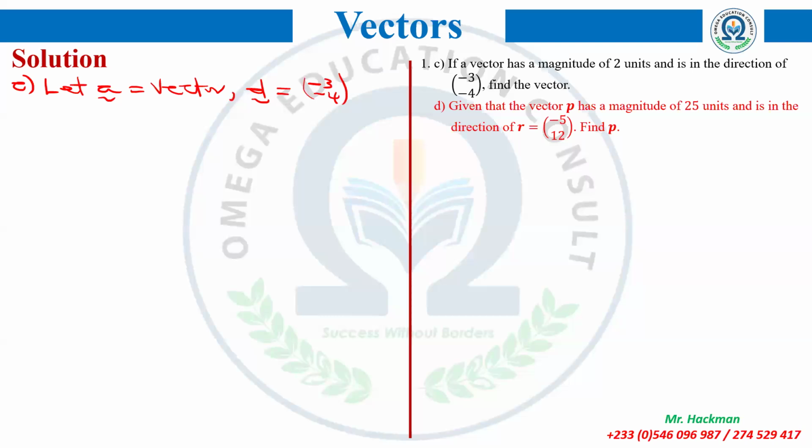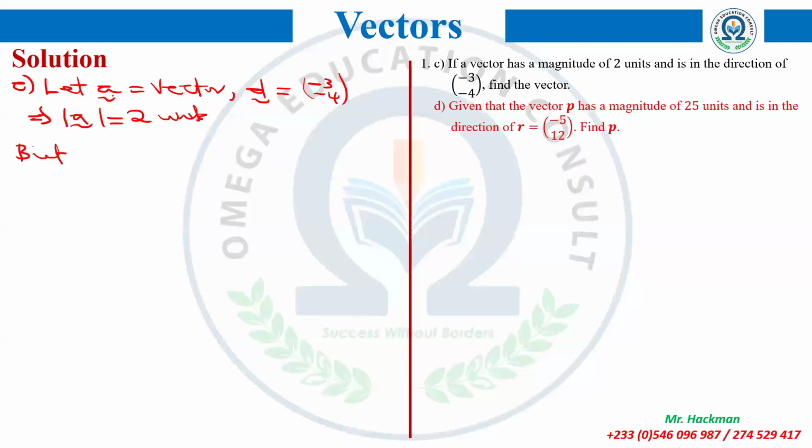Yes, please. Okay, so this implies that the magnitude of A will be equal to 2 units. So I've extracted that information. What am I looking for?